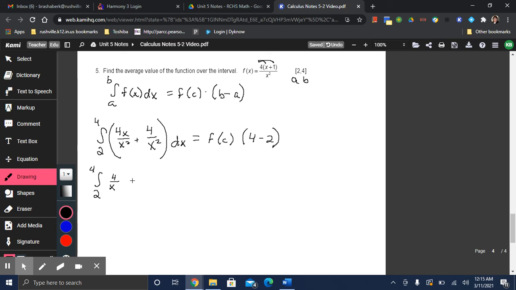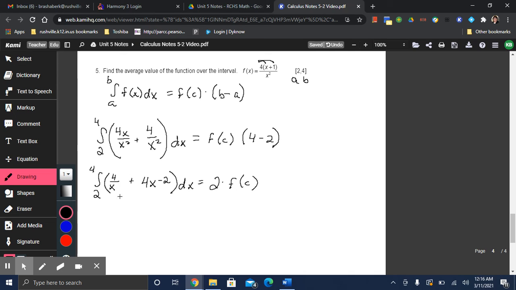So I'm going to leave it 4 over x plus, and then this I will write with a negative exponent because I can do the power rule with this one. So 4x to the negative 2 dx, and then over here I can simplify 2 times f of c. So I don't really need to do any other rewriting. I could go ahead and do the integration.